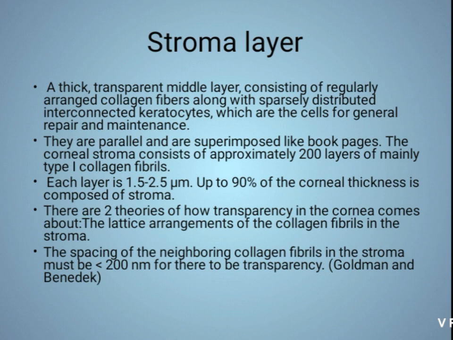The layers are arranged parallel, like pages of a book. The corneal stroma consists of approximately 200 layers of type 1 collagen fibers. Each layer is 1.2 to 2.5 micrometers. 90% of the corneal thickness is made by the stroma, meaning 90% of the whole cornea consists of the stroma layer only.